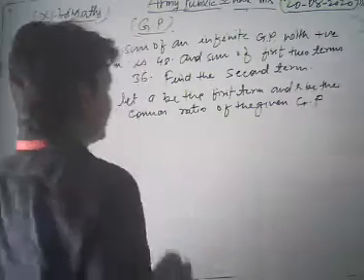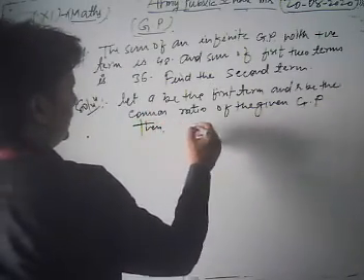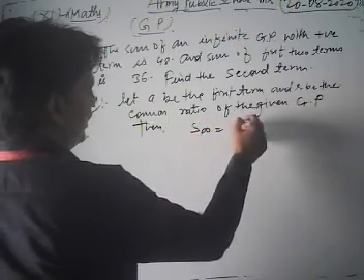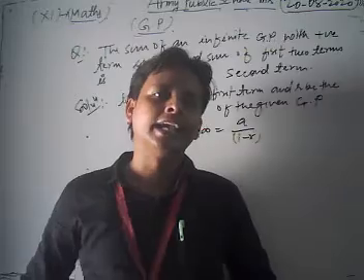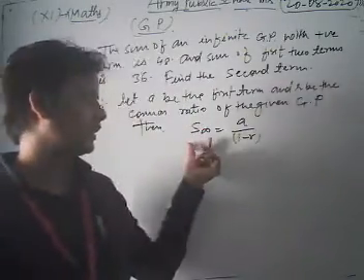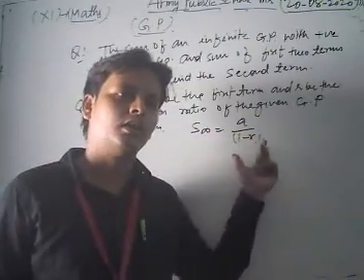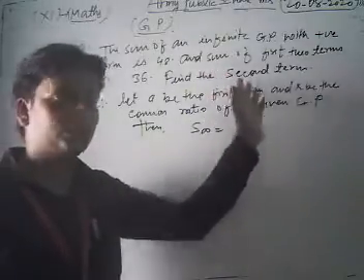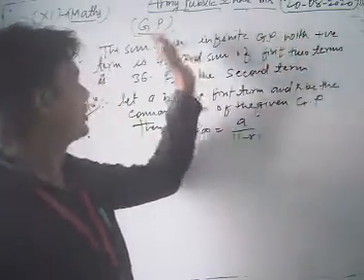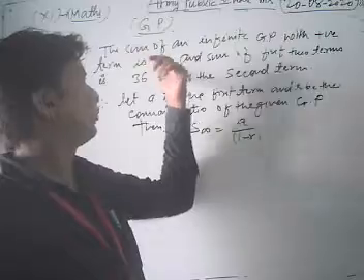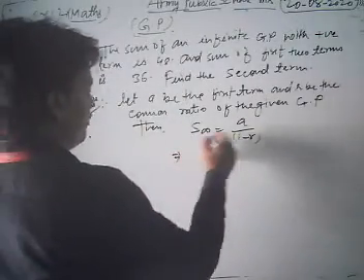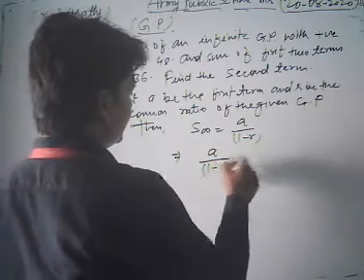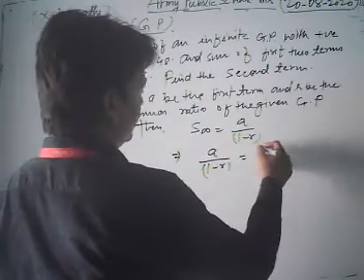Then the sum of its infinite terms is a upon 1 minus r. This is the formula for the sum of an infinite GP, S infinity is a upon 1 minus r. Now in the question we have the sum of an infinite GP with positive terms is 48. Here the sum is given, so we have a upon 1 minus r is equal to 48.